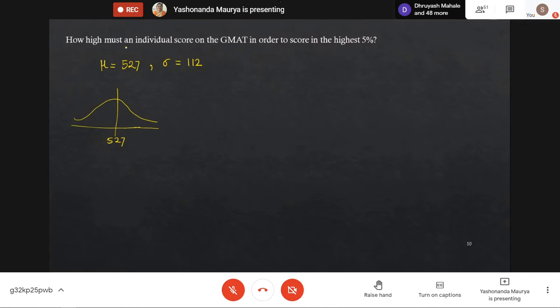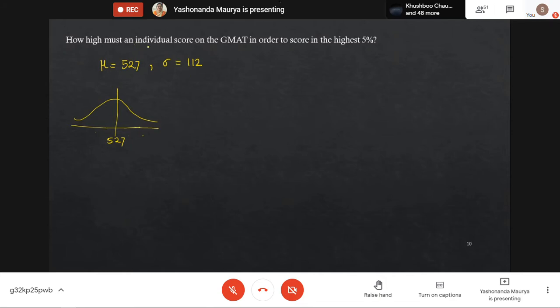Now, what it is saying is how high must an individual score in order to score in the highest 5%. So when you arrange these scores, the highest 5% of students, the brightest 5% of students, that individual should be lying in that. That is what it is asking.